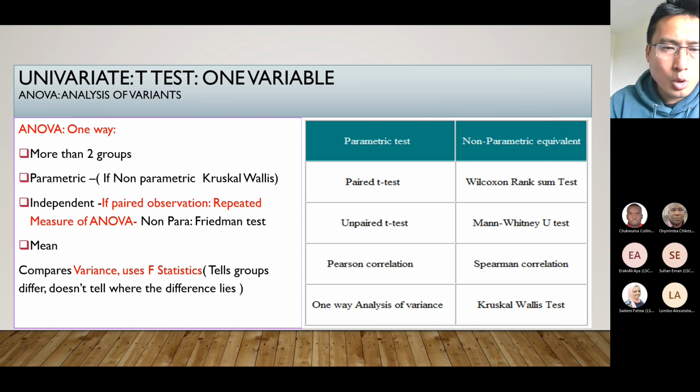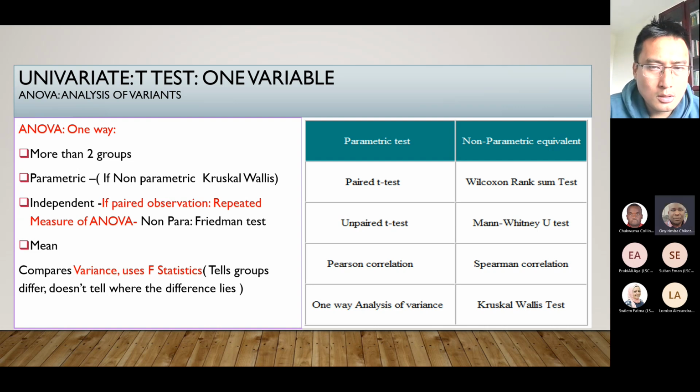Okay, so let us do a quick test just to know that we remember everything. You are asked, it is a univariate test, but the data are non-parametric. Which one is equivalent to the unpaired t-test?